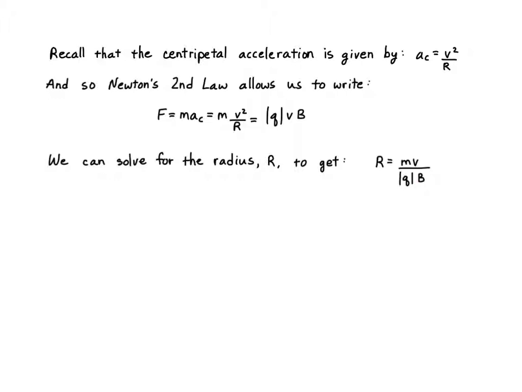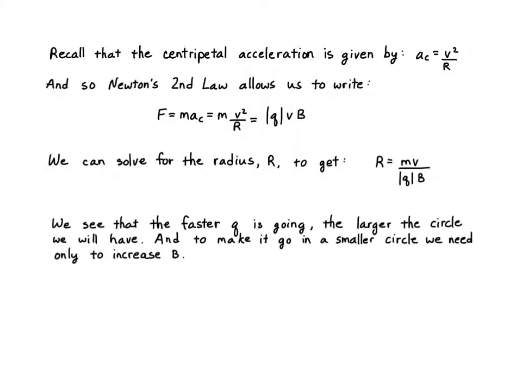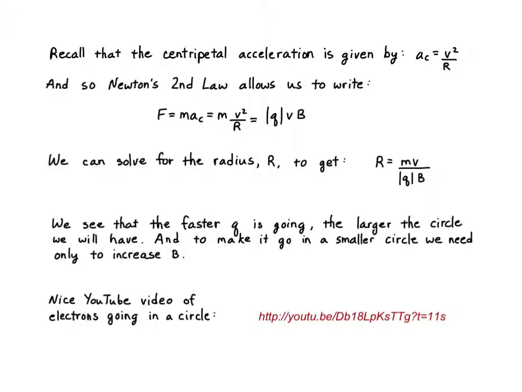And so we see from this equation that the faster the charge is going, the larger the circle we will have. And to make it go in a smaller circle, all we need to do is increase the magnetic field. Now there's a nice YouTube video of electrons going in a magnetic field. When you watch the video, you'll see that initially the beam is undeflected.